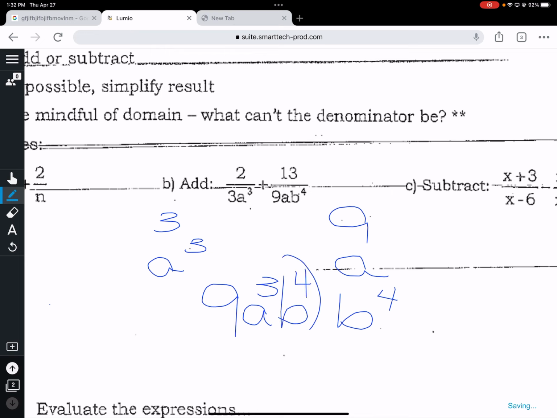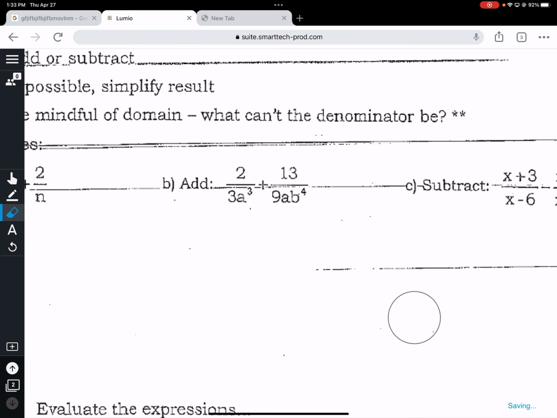All right, before we go forward, are y'all good with how we got that? Yeah, list them out. Anybody not really sure what we just did? We cool. I love it. All right, 9a cubed b to the 4th. Okay, 9a cubed b to the 4th.